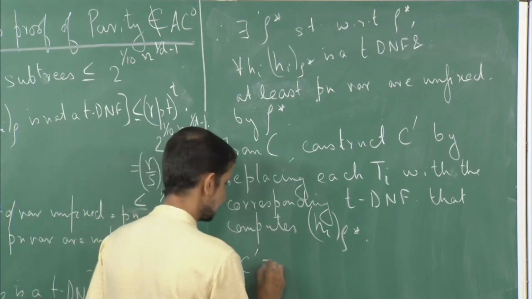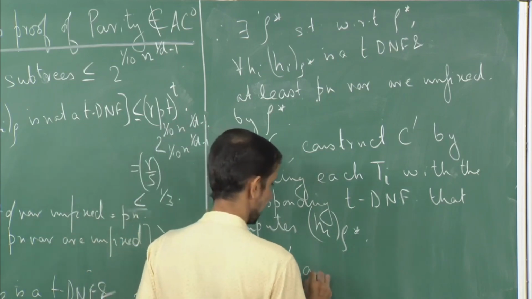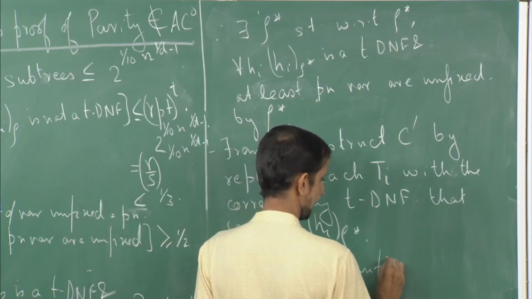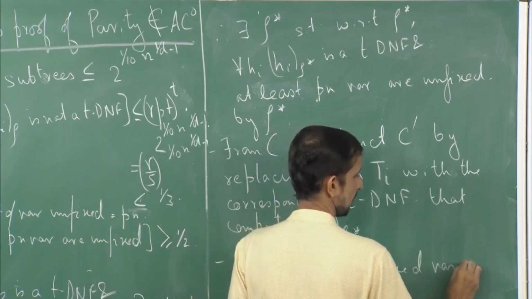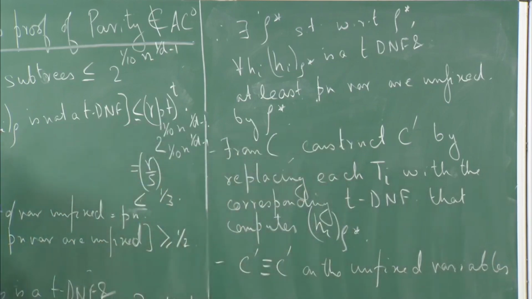So, C prime is equivalent to C on the unfixed variables. Okay.